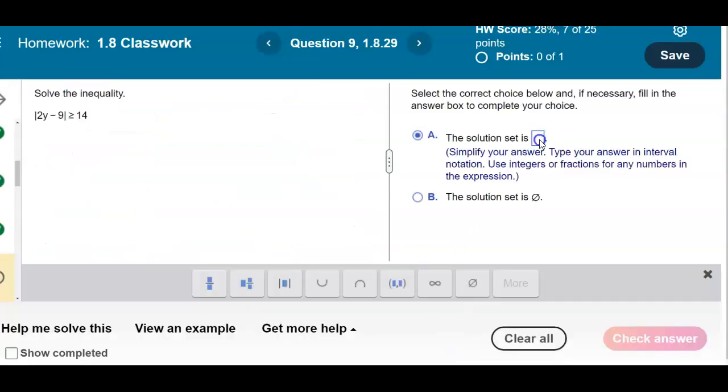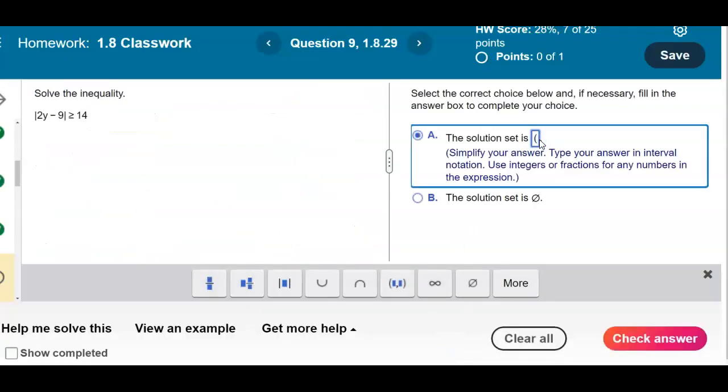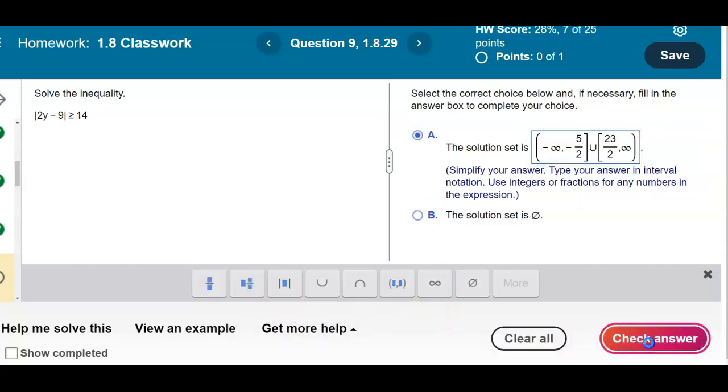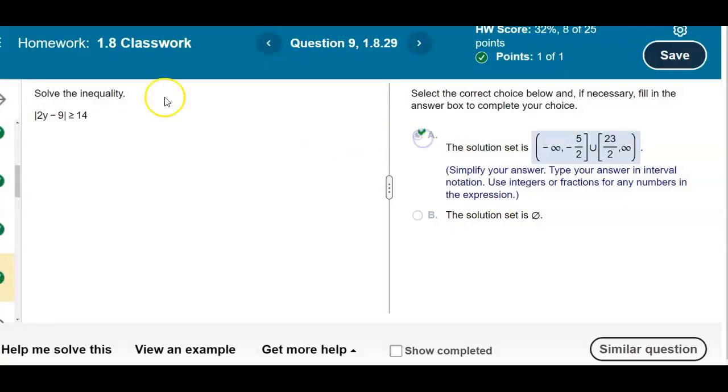So we have parenthesis negative infinity, comma, negative fraction 5 over 2 with a bracket, union, bracket, fraction positive 23 over 2, comma, infinity with a parenthesis. Check our answer, and there is our result.